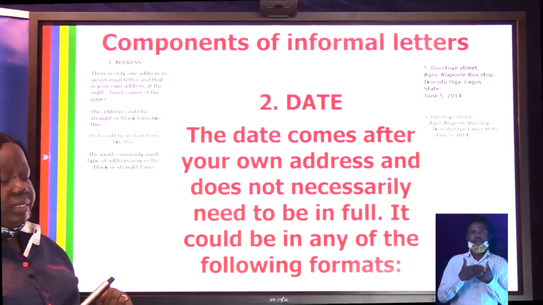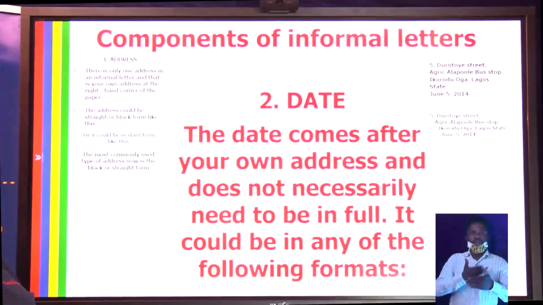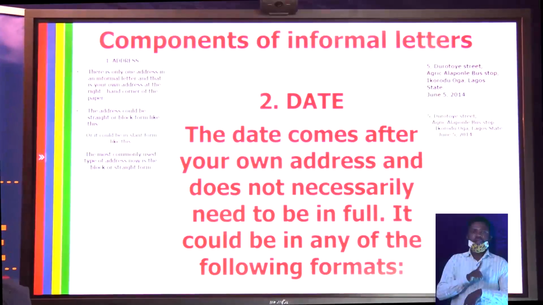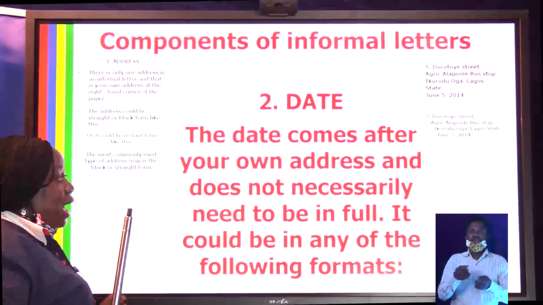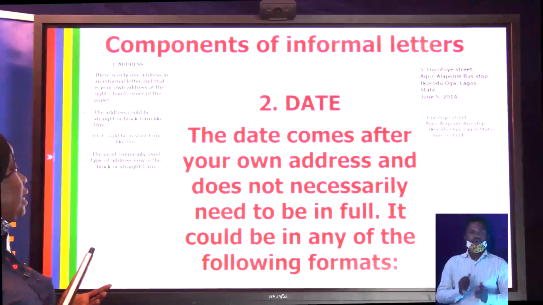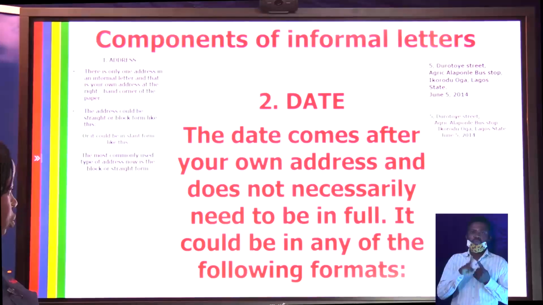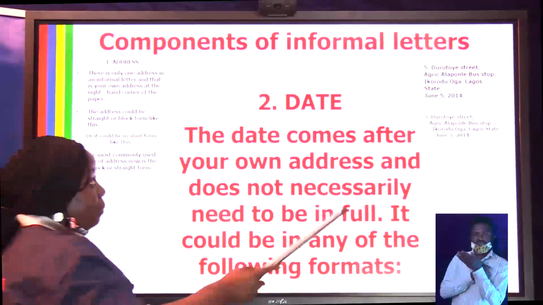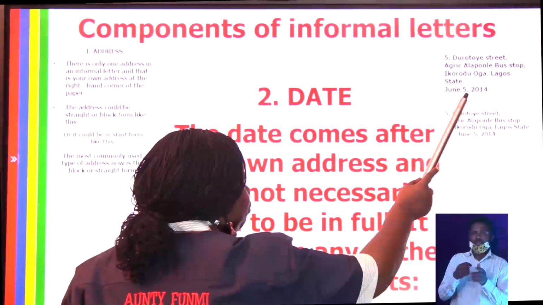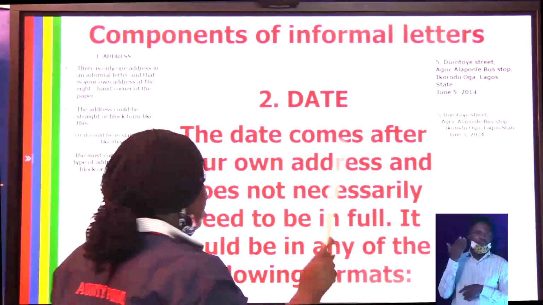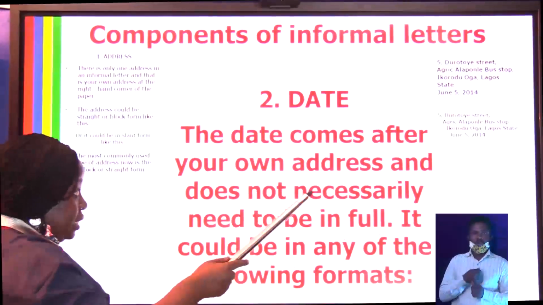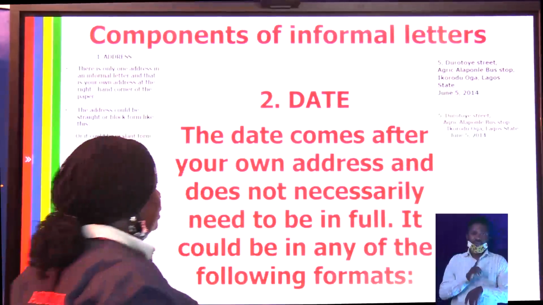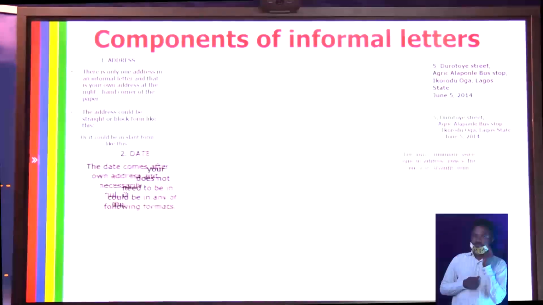After the address, the next thing to look out for is the date. The date comes after your own address and does not necessarily need to be in full. It could be in any of the following formats. Now let's see the format for the dates.